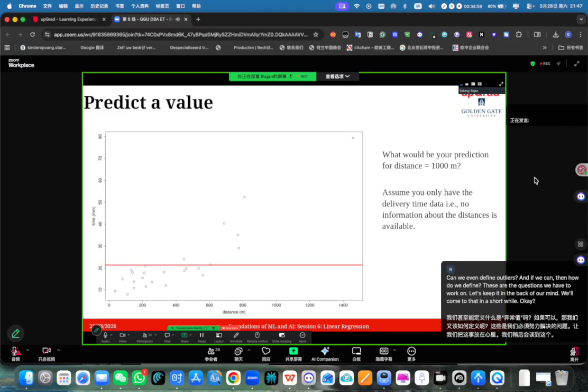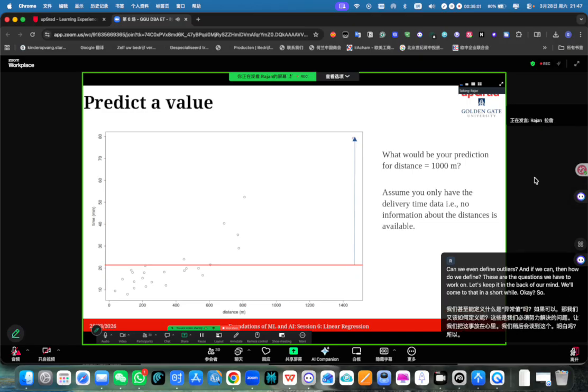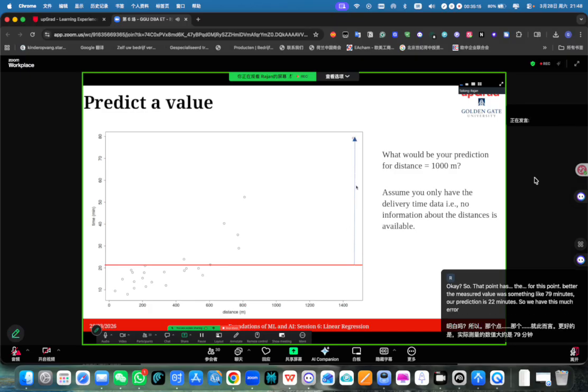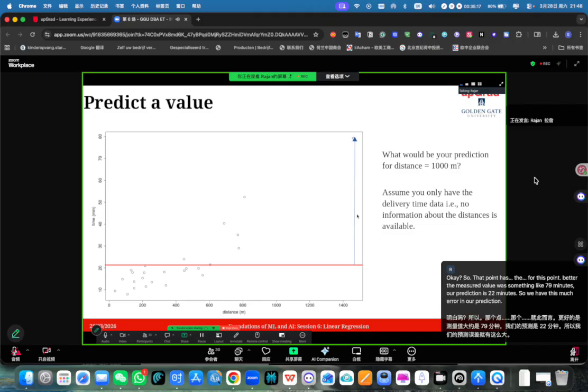So for this point, whereas the measured value was something like 79 minutes, our prediction is 22 minutes. So we have this much error in our prediction. Same thing for this point.